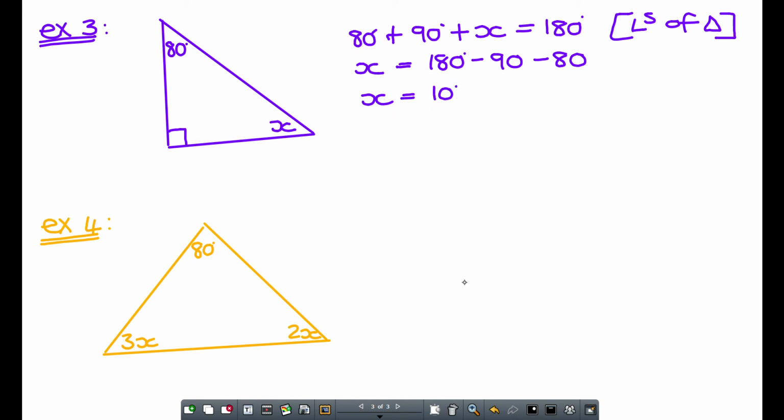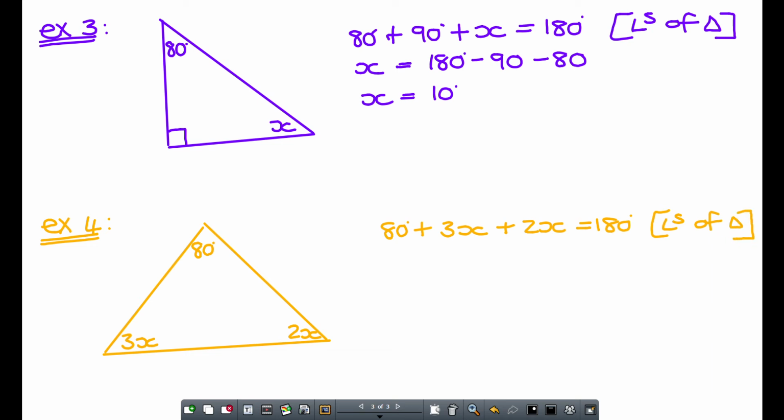Good. Okay, now this one, we have the same thing, but now we've got x's included here, right? So we still know that the interior angles add up to 180. So we're going to say 80 plus 3x plus 2x will be equal to 180. Then my reason, angles of triangle, right?